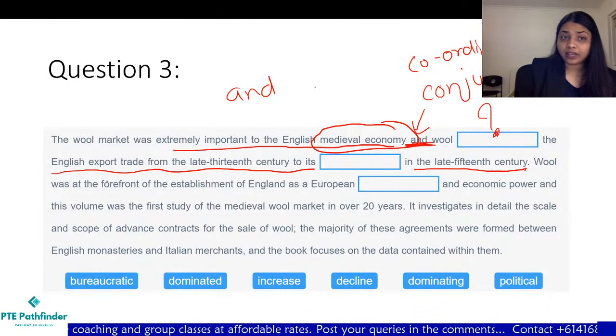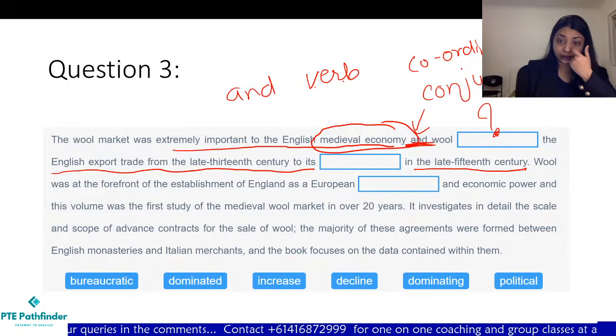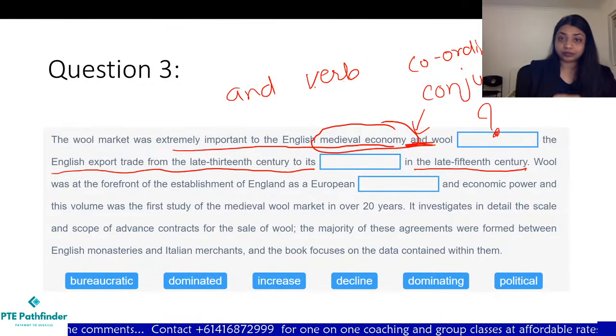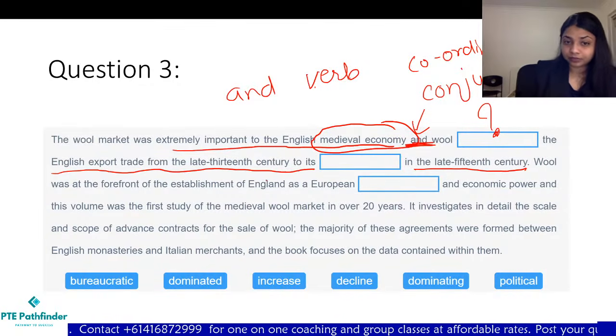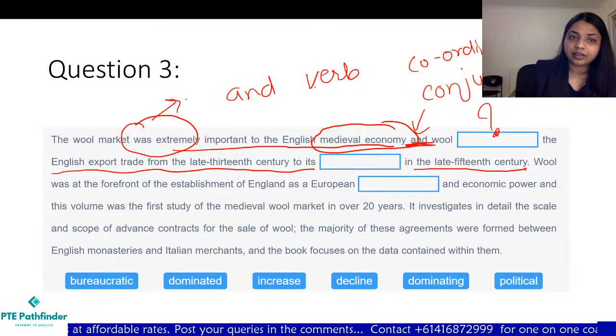So again, we are looking at a verb, right? So wool dash. And if you look at the meaning of the sentence and the tense that we have used here, both of the clauses are in past tense.